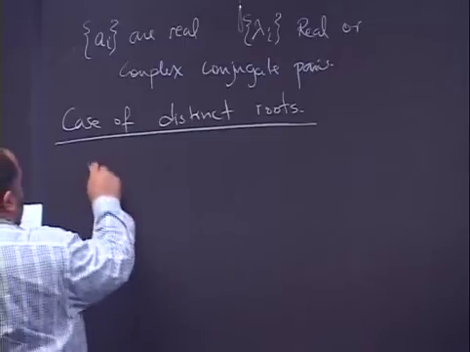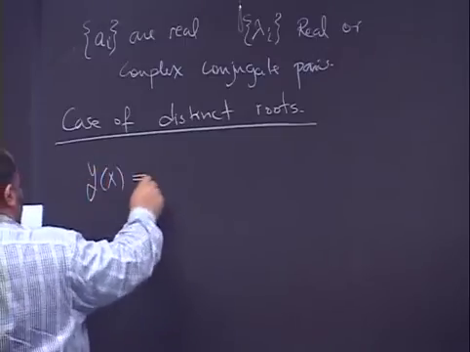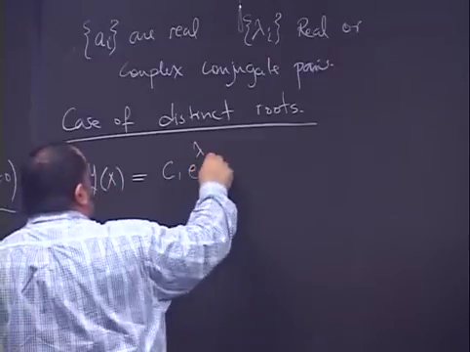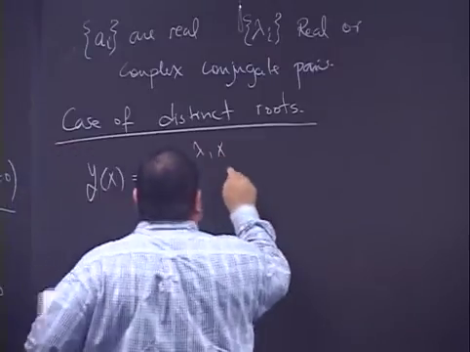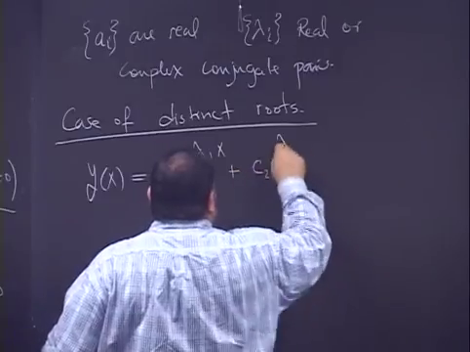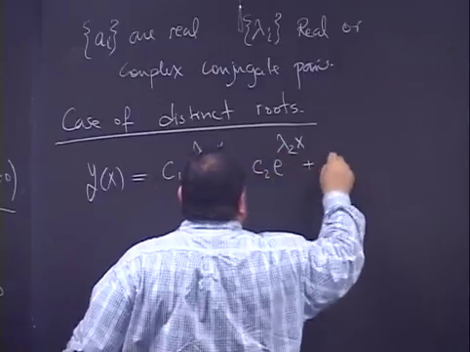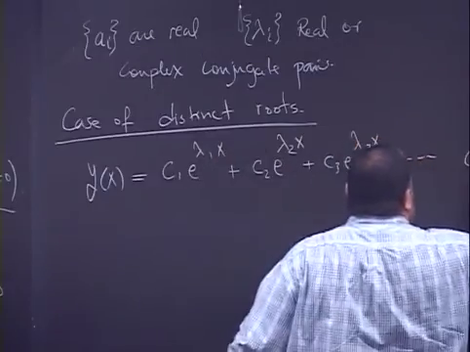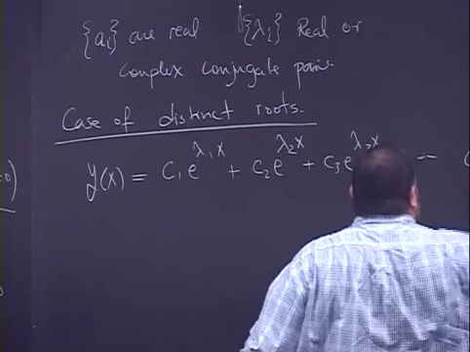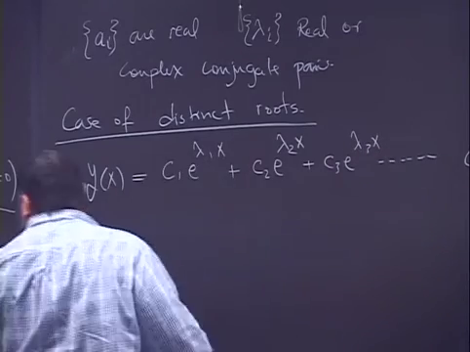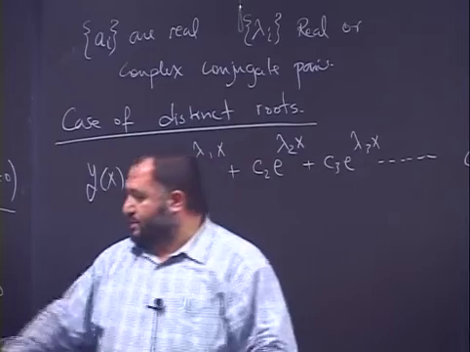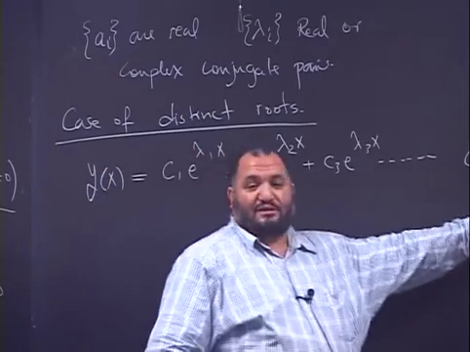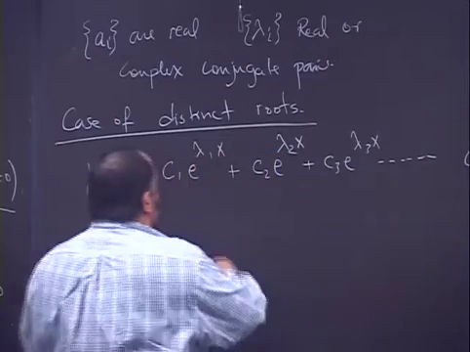So the solution y of x will be c1 e to the power of lambda 1 x plus c2 e to the power of lambda 2 x plus c3 e to the power of lambda 3 x up to c_n e to the power of lambda n x. From the characteristic equation we have n roots, and then you will have n solutions or n terms.